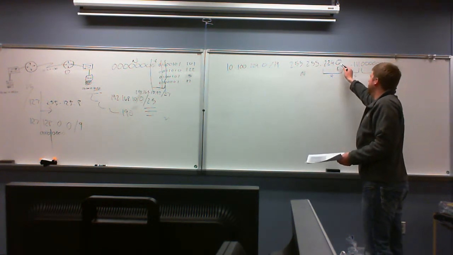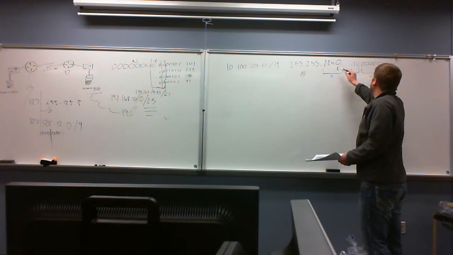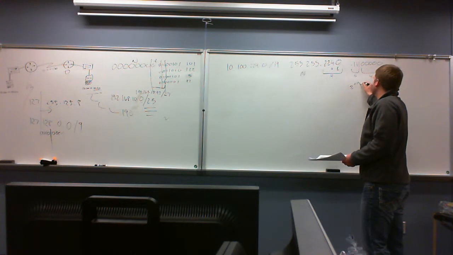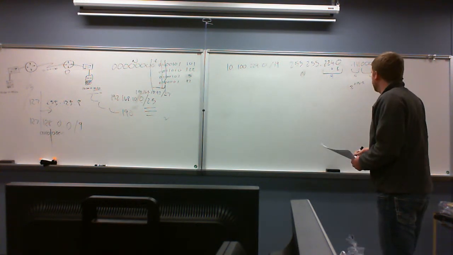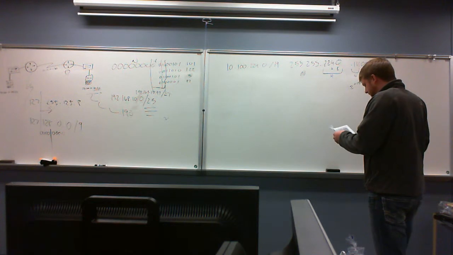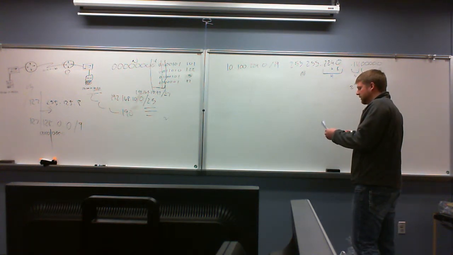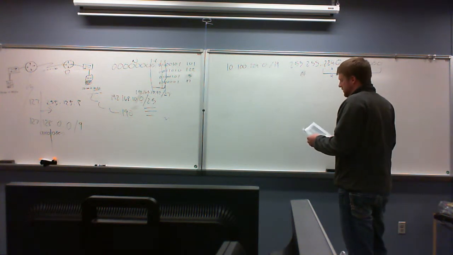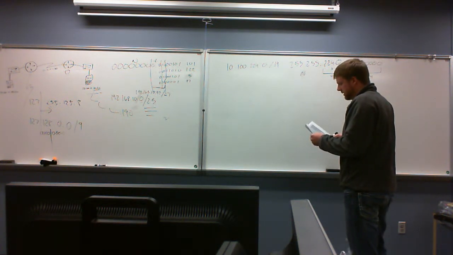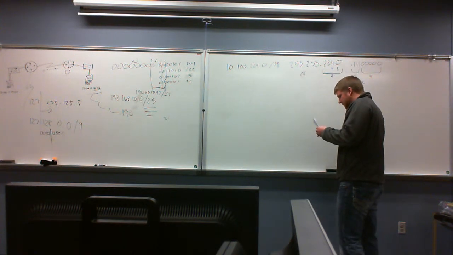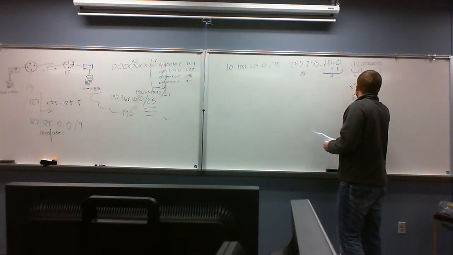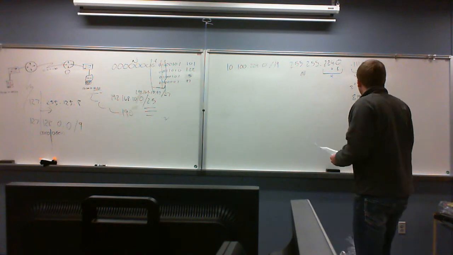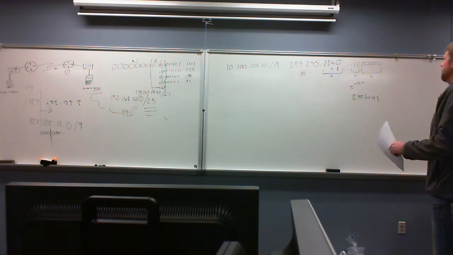You have a full 8 in the last octet, and only 5 for the host out of the other octet. So you take 2 to the power of 13 minus 2 to figure out the number of hosts, which is 8,190 total usable hosts.